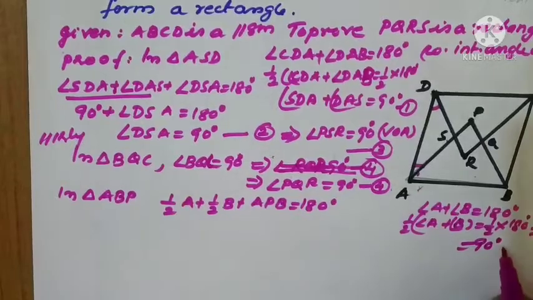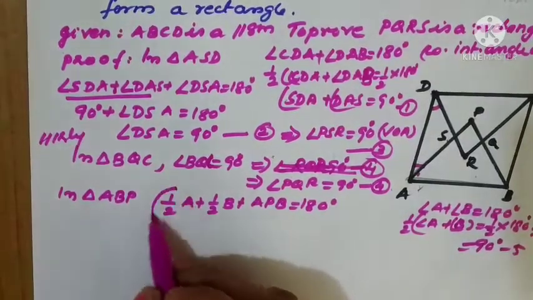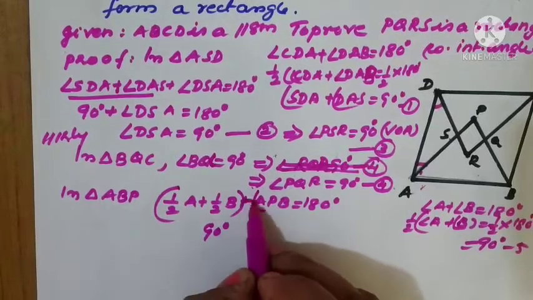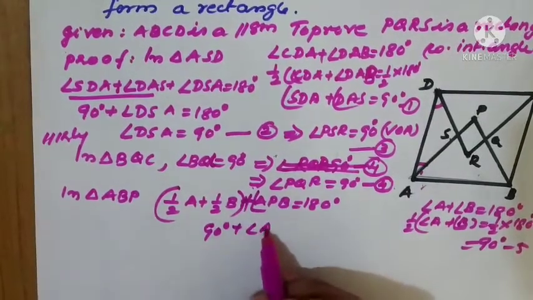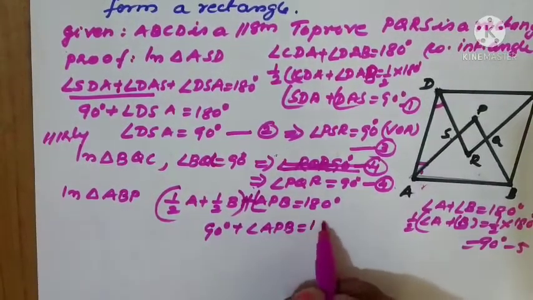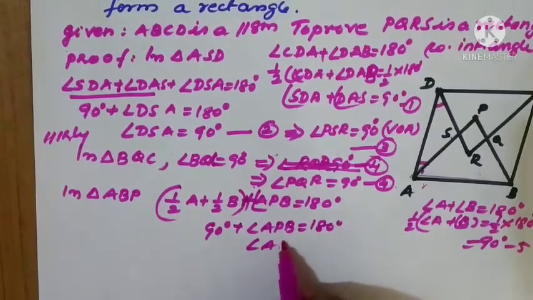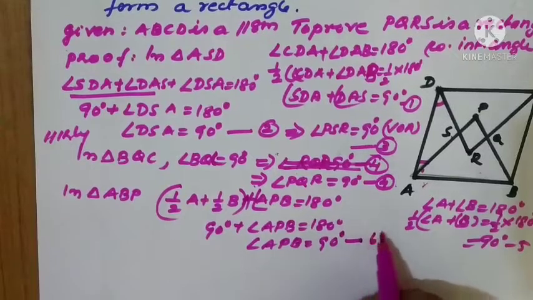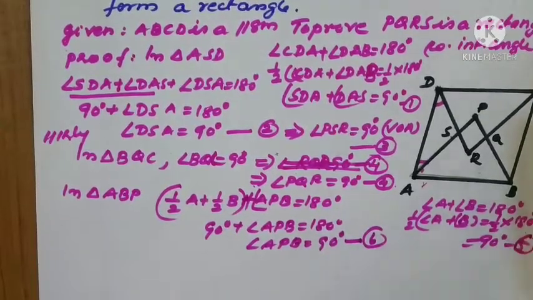Right. So equation number 5. So that value we are substituting here. So 90 plus angle APB equal to 180. So angle APB equal to 90 degree, equation number 6, because 5 we have already used.